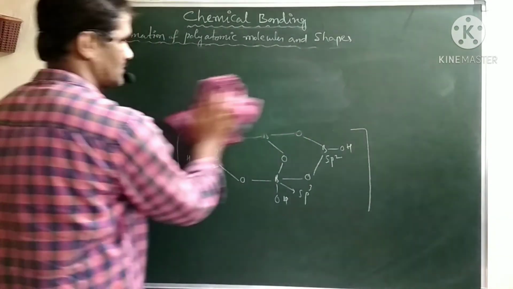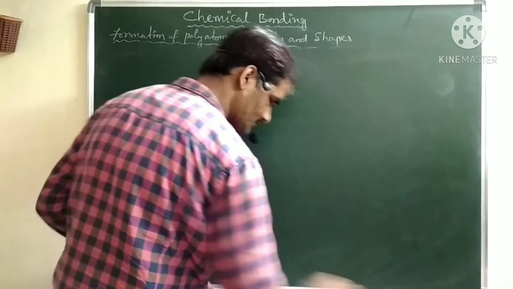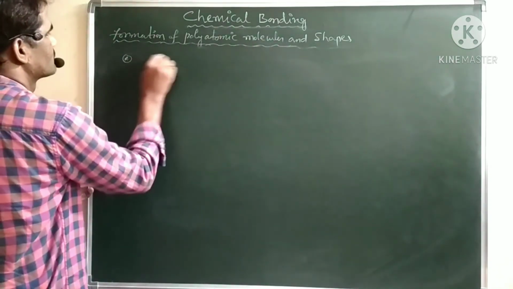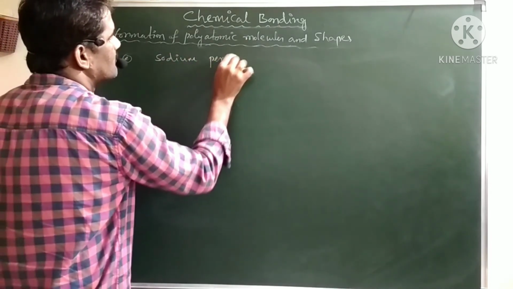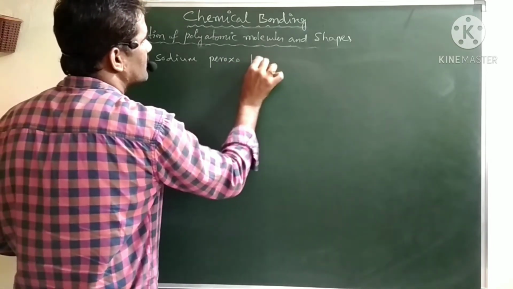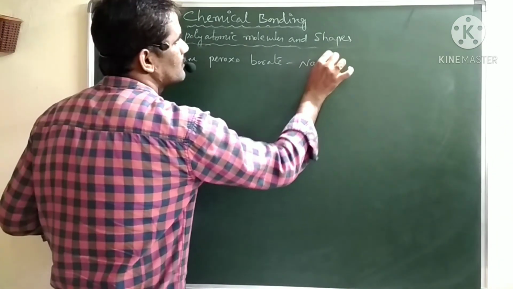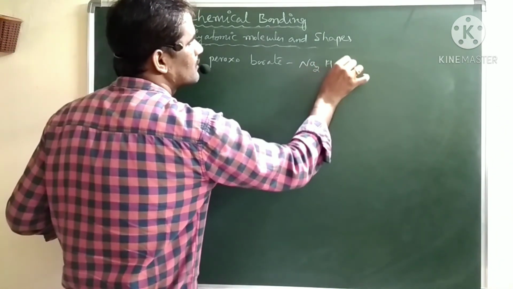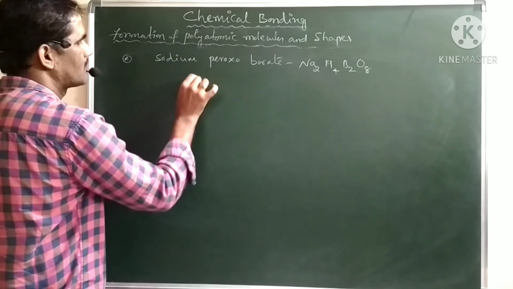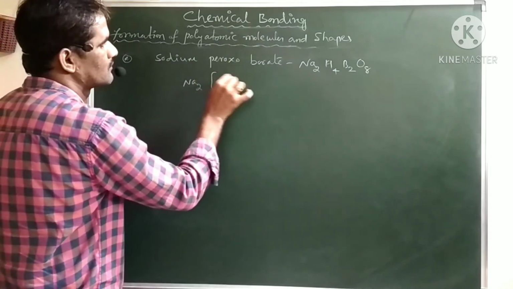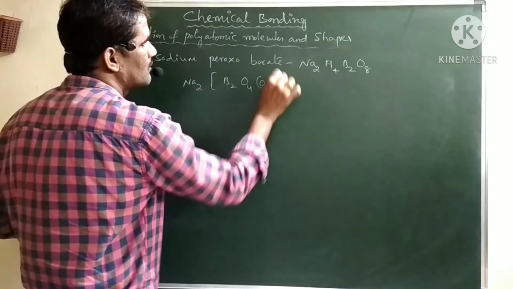And next we have sodium peroxoborate. This is one of the important compounds. Again, the chemical formula Na2H4B2O8. This we can write like Na2B2O4(OH)4.